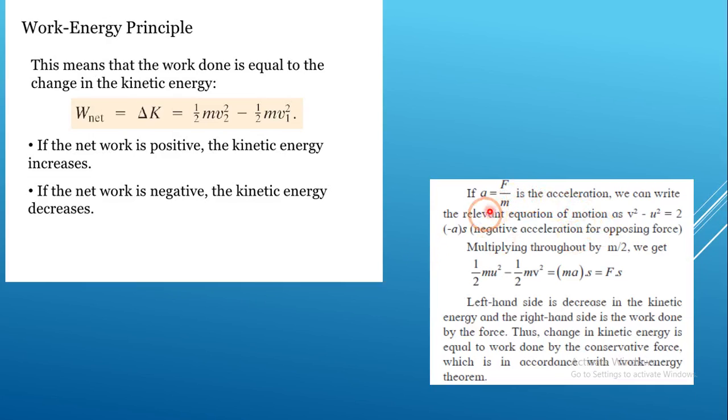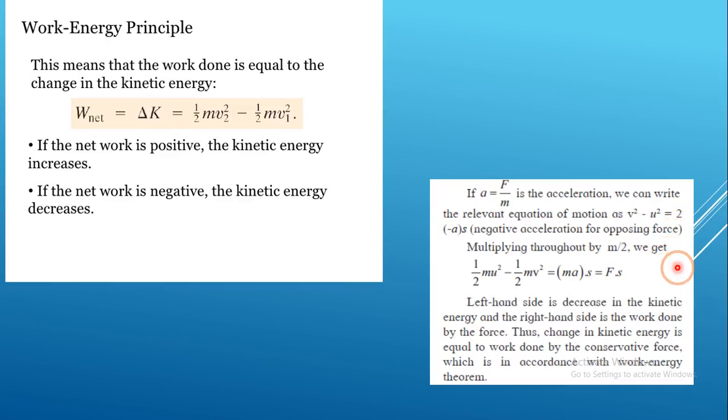We know that a is equal to F upon m, that is F is equal to ma. We know that v square is equal to u square plus 2as. According to that equation, we can write v square minus u square is equal to 2as. As the acceleration is for an opposing force, a will become minus a, so it will become minus 2as.